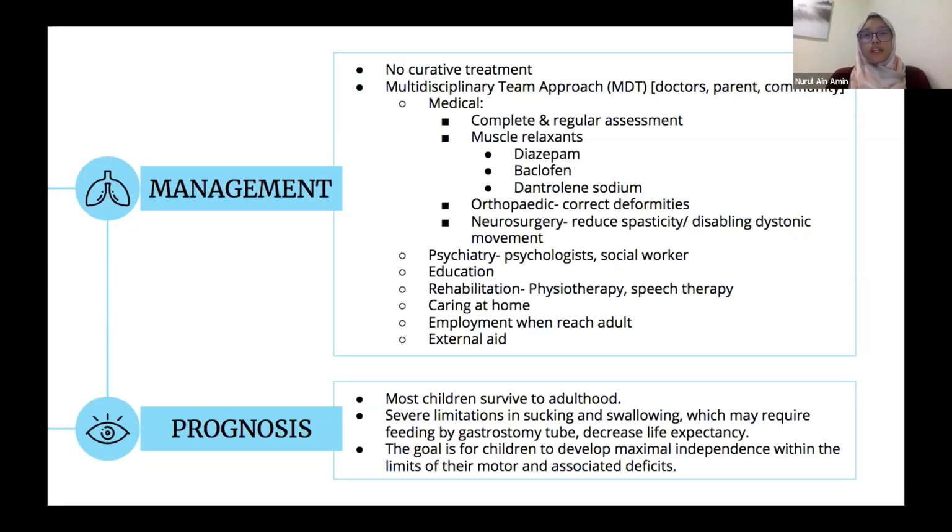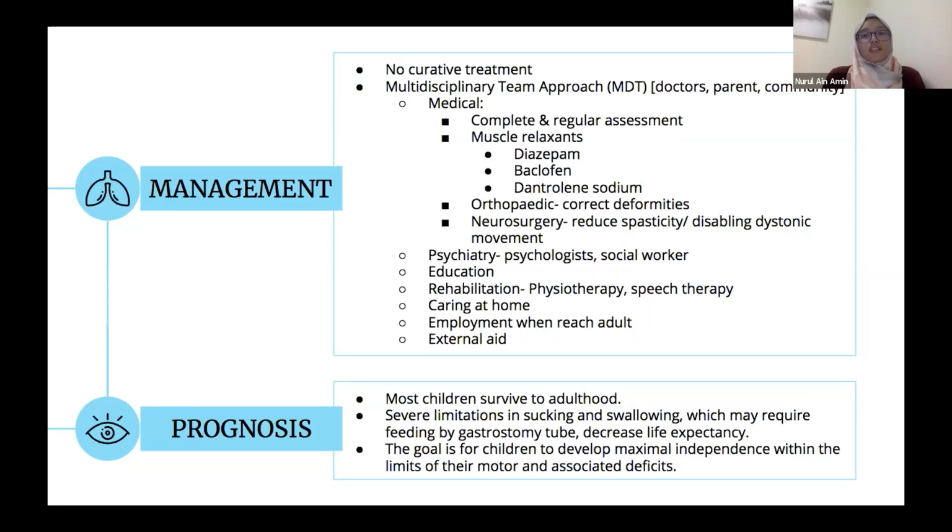So basically, from the medical perspective, we can have regular assessment, making sure they're okay, or even giving some drugs, or even having surgery to correct any deformities they have at the brain or at their hands, or even surgery to reduce the spasticity or disable their dystonic movement.